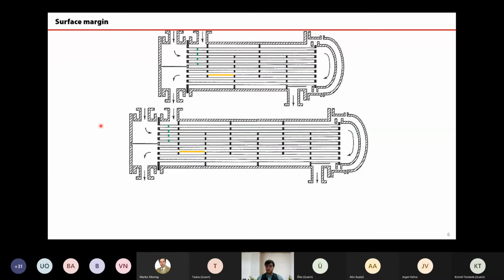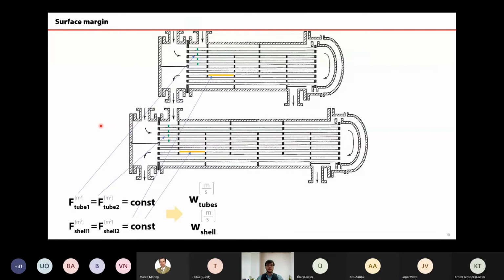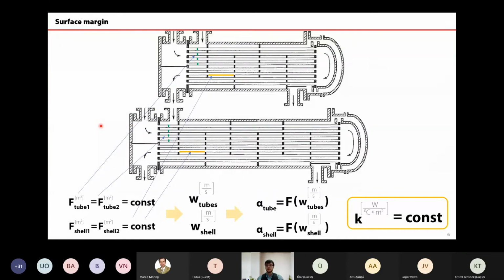And what was the benefit of doing that? The cross-sectional areas were the same on the tube side and on the shell side, meaning that velocities were still kept the same. That means film coefficients were still kept the same, and that means my heat transfer coefficient was still constant.